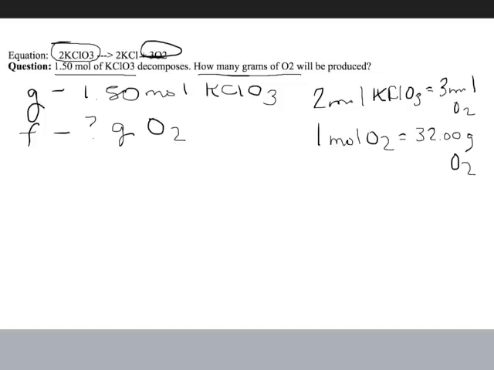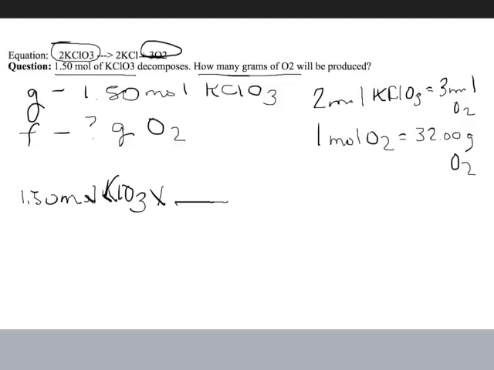This is a mass-mole problem, and in this case, we're starting in moles and we're going to end in grams. So let's go ahead and get started. We've got 1.50 moles. Sorry y'all, that looks terrible. And we're going to go ahead and plug in our mole ratio first.